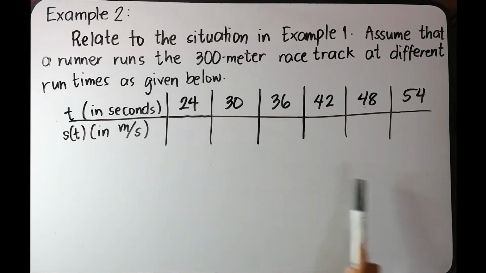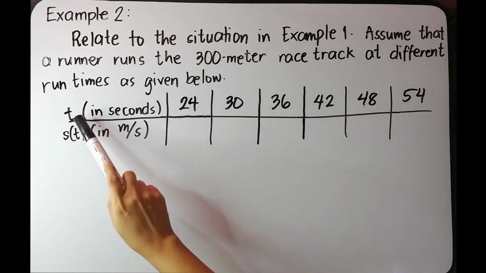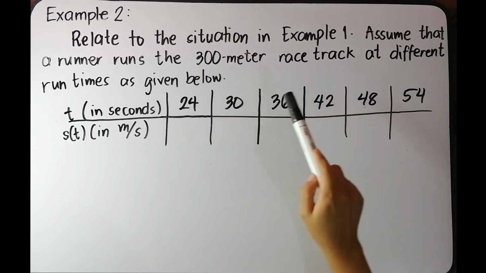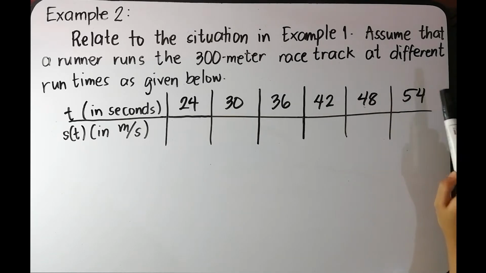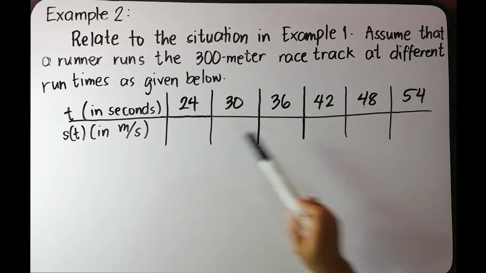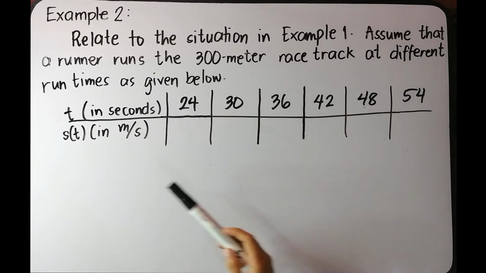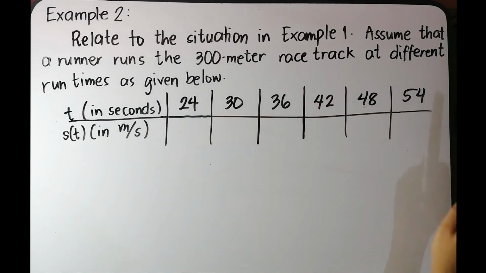Here is the table of values for the time, T, in seconds: 24, 30, 36, 42, 48, and 54. So we have 6 times the runner runs the 300-meter racetrack, and we are going to find the speed for these 6 times.